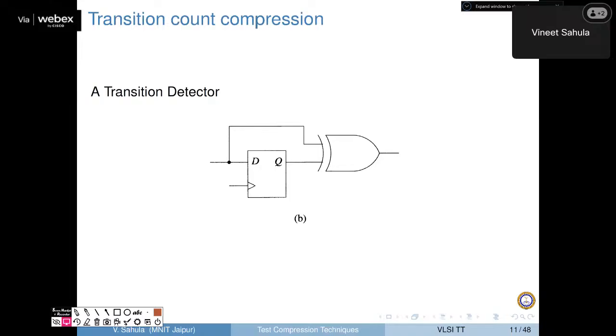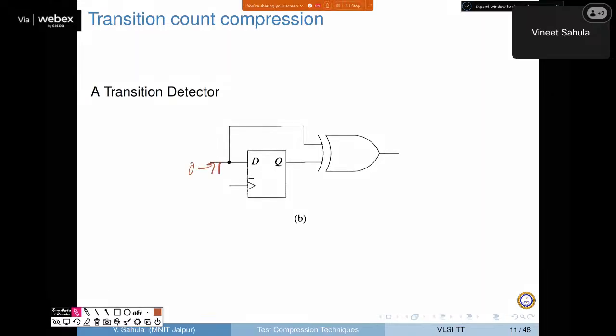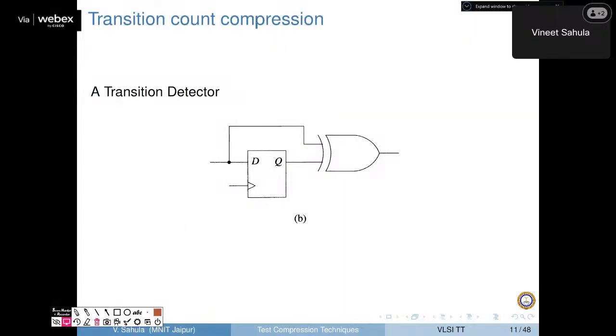So whenever there is a change here from 0 to 1, that 0 will be stored here, 1 will be applied here, right? And we'll get 1 output here. If there is a 1 to 0 transition, 1 will be stored here, 0 will be applied here, and we still get another 1. So the circuit will very well detect the edges that way, right?